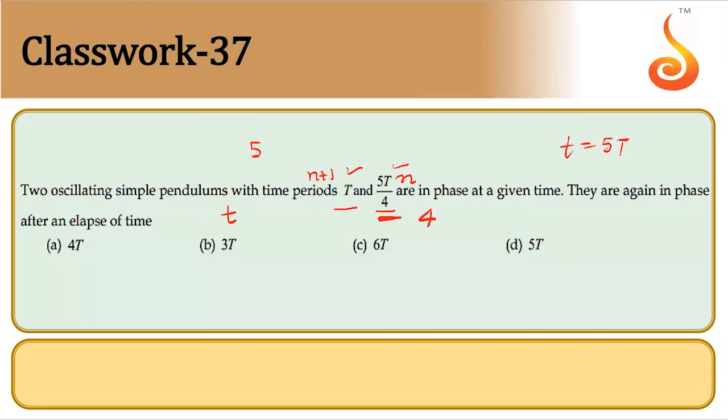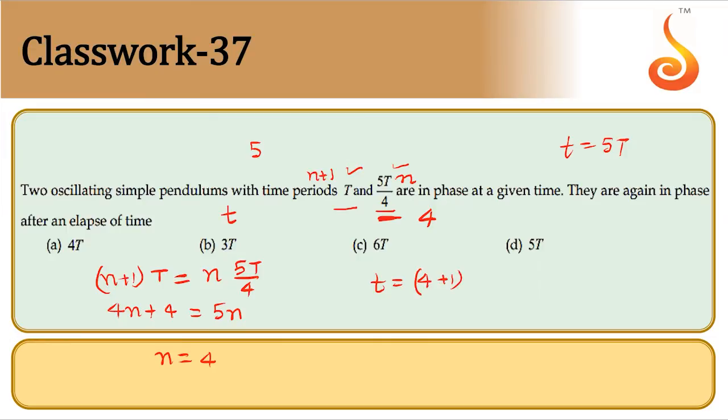So (n plus 1) into t should be equal to n into 5t by 4. So 4n plus 4 is equal to 5n, so n is equal to 4. So the time elapsed is 4 plus 1 into t, which is 5t. That is option D.